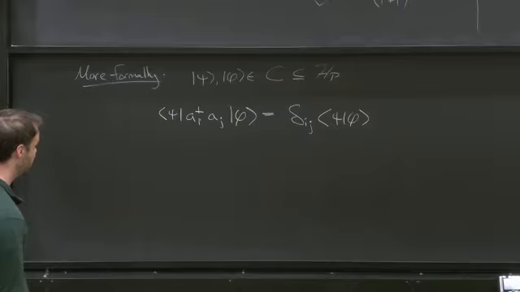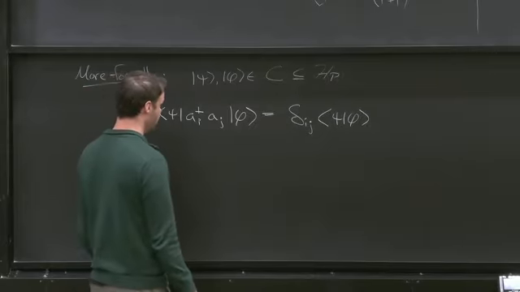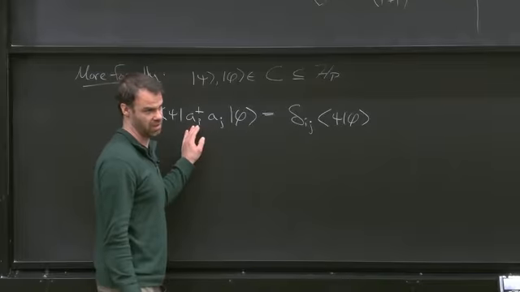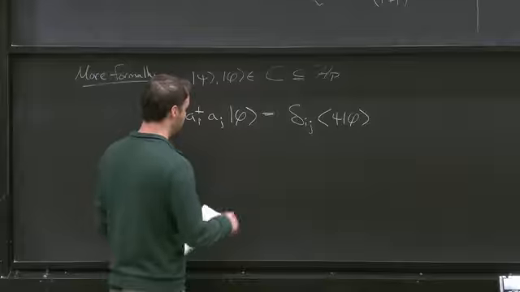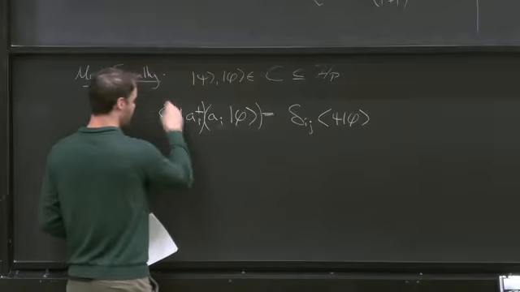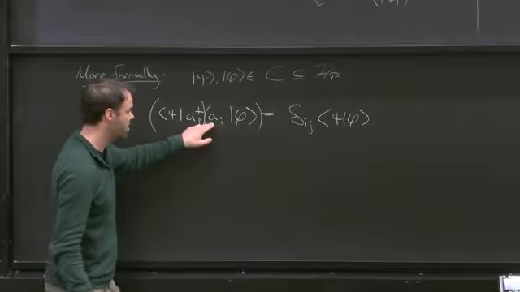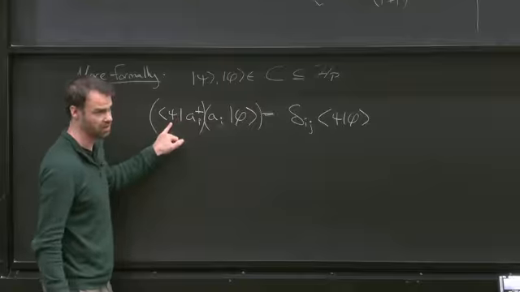Well, let's first of all think of the case where i equals j. Remember these things don't have to be unitary. So this can do something, but it's going to map. Think about it this way: this is saying error i happens to phi, and error i happens to psi.